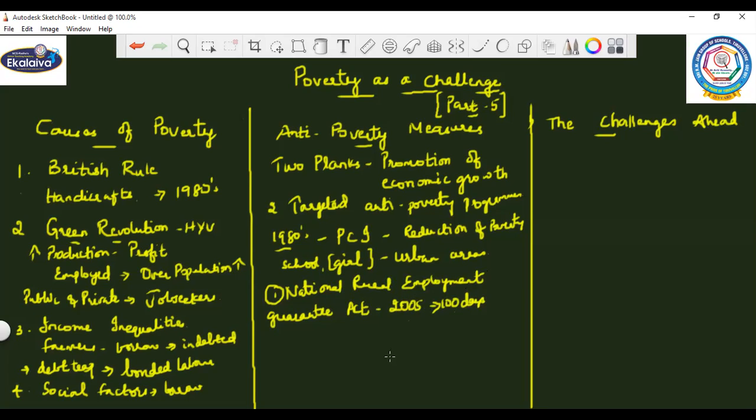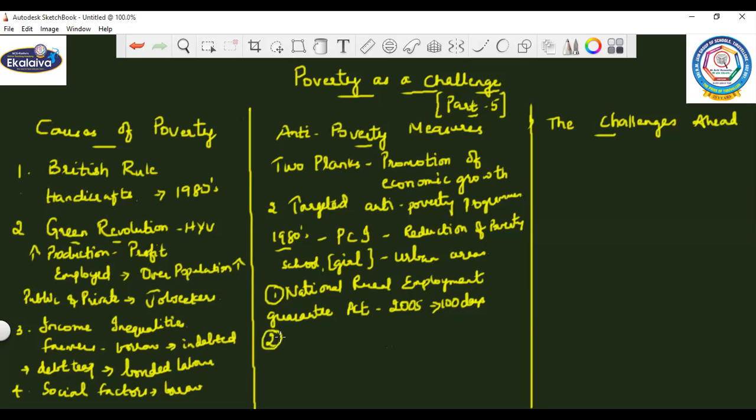Actually, it aims to provide 100 days of wage employment to every household to ensure livelihood security in rural areas. It also aimed at sustainable development to address the causes of drought, deforestation, and soil erosion, children. In this job, one third of the jobs are given to women, children, right?